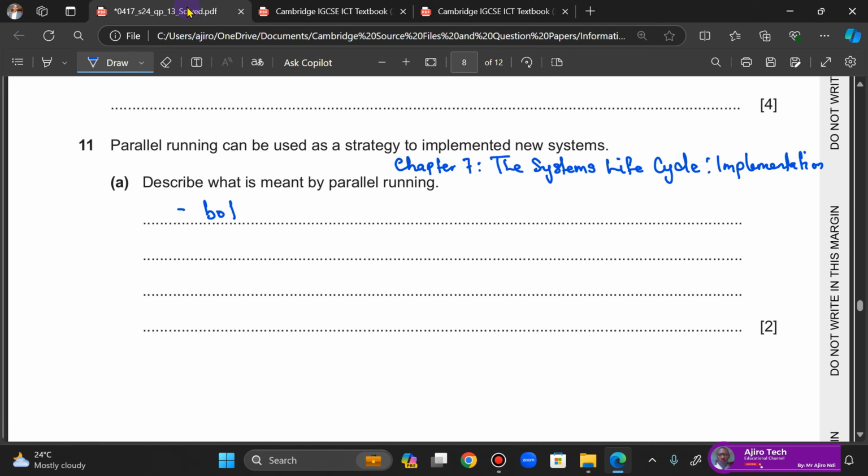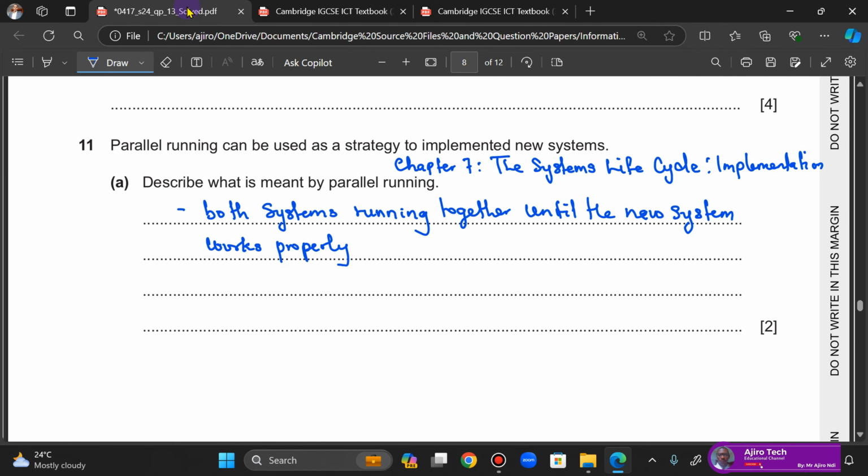So here we see that both systems are running together until the new system works properly, and when the new system works, the old system is removed.